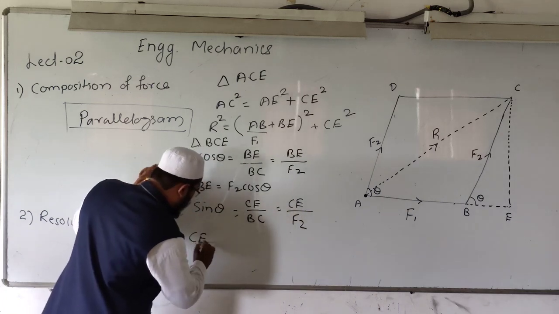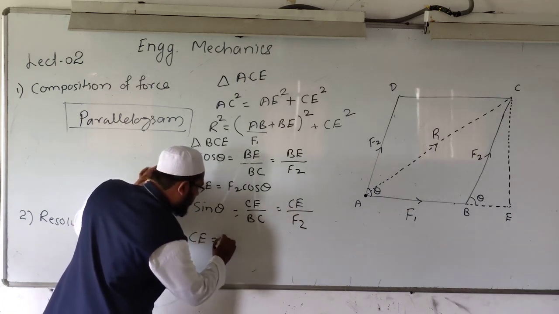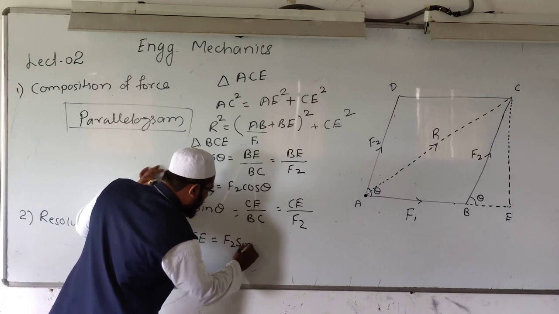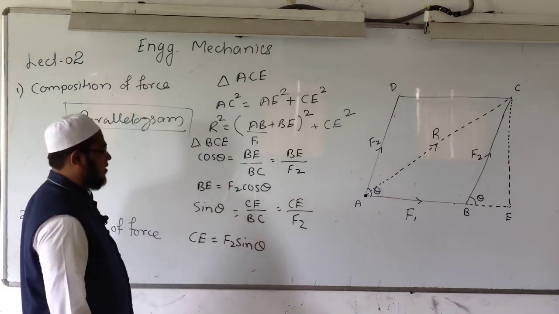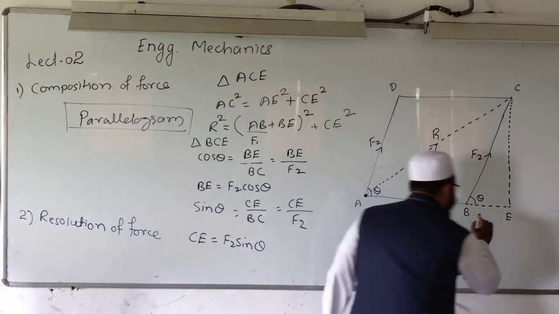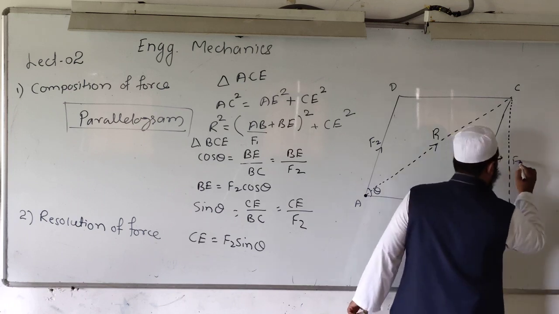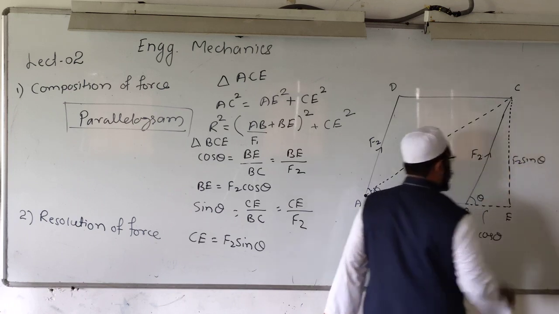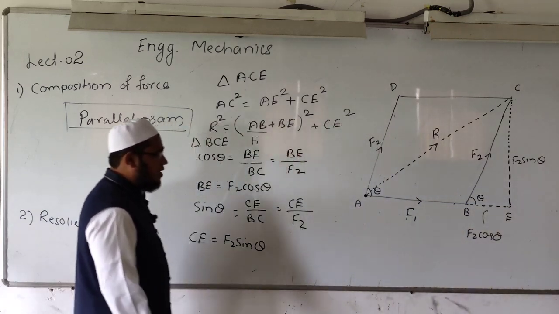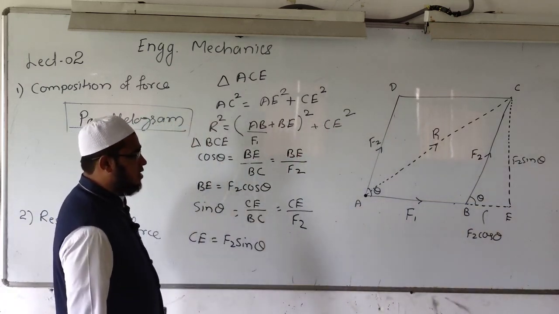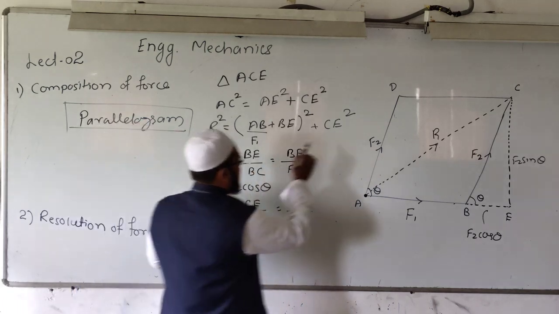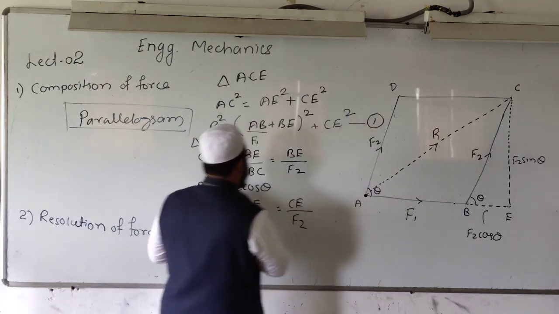Therefore CE equals F2 sin theta. I will write here F2 cos theta, F2 sin theta. We will put the values of BE and CE in equation number 1.